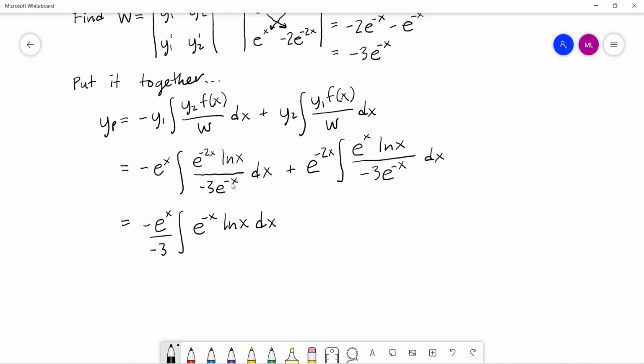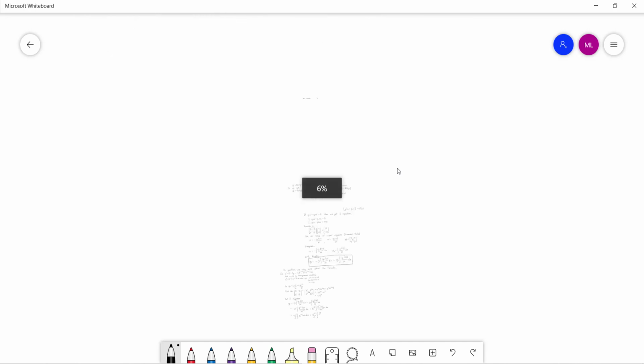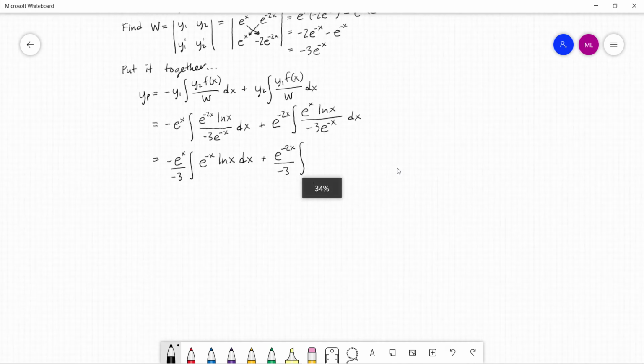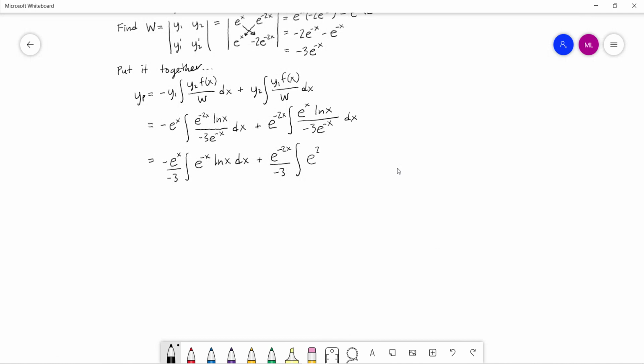And for the other one, same thing, e to the negative 2x. Let me pull that negative 3 out. And in this case, e to the x dividing it by e to the negative x is going to give me an e to the 2x. Whoa. E to the 2x, natural log of x dx. And we'll just say whatever, good enough.